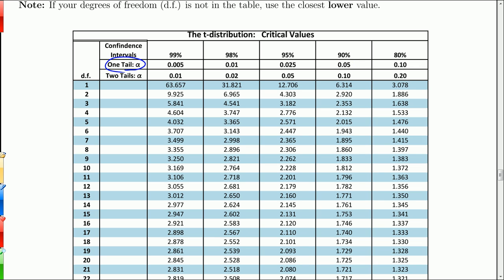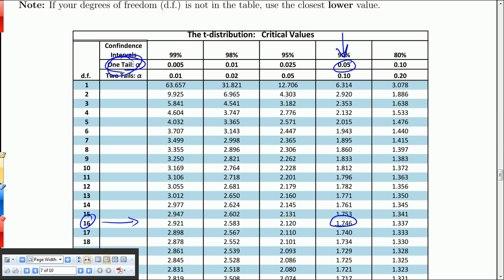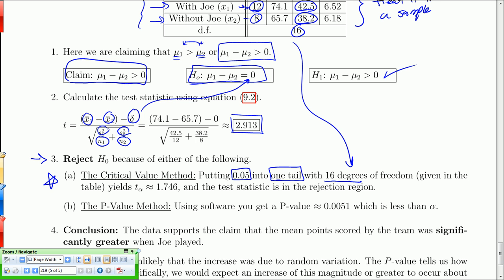So I'm in this second to last column, 16 degrees of freedom. At the intersection of this row and this column is 1.746. Right, so we take 1.746 back to the problem.